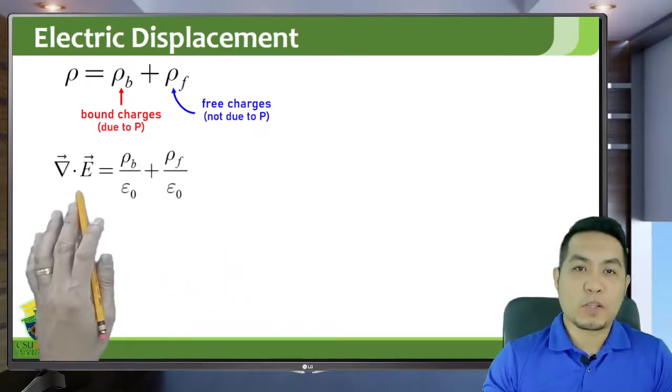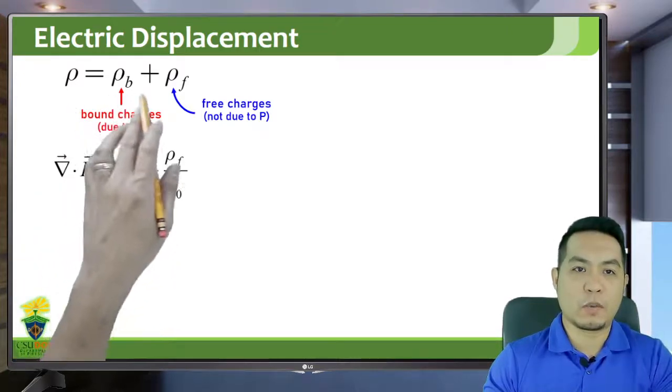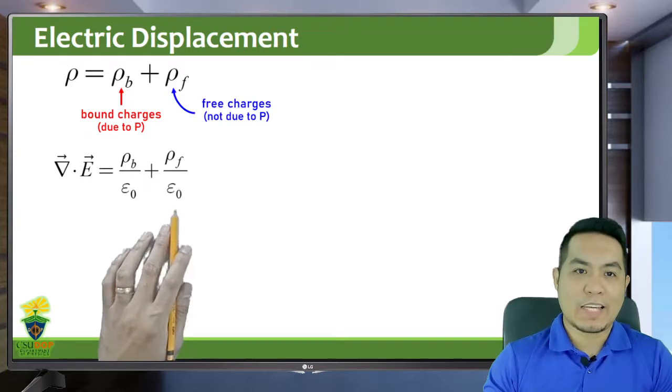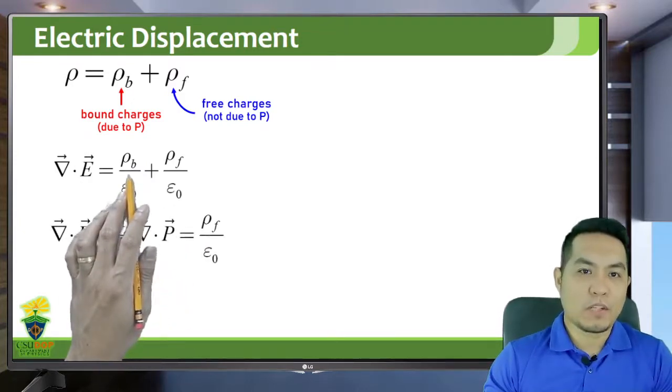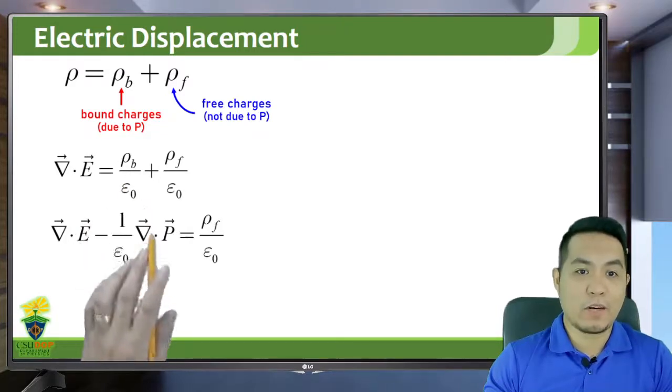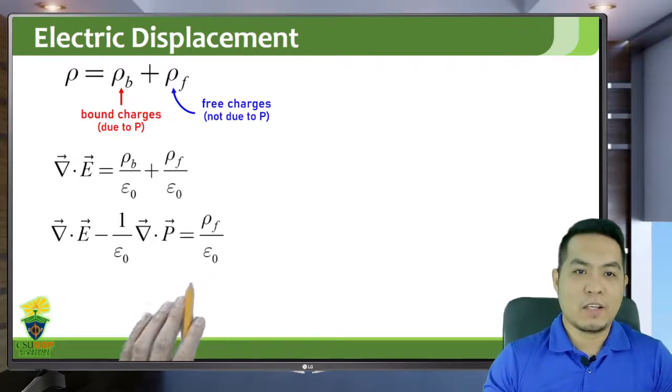So if we go back to the original form of Gauss law, it's just rho over epsilon naught, where rho is now equal to this. So we can write it as this. And then, knowing that the volume bound charge density is just the negative divergence of the polarization, we can write it as this.